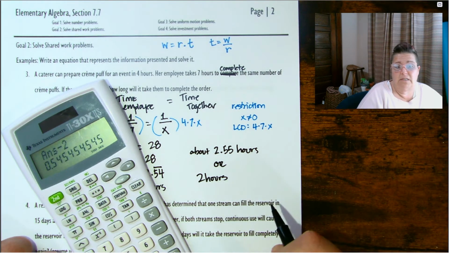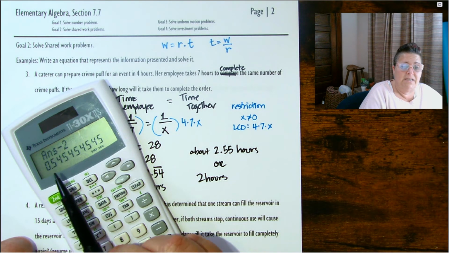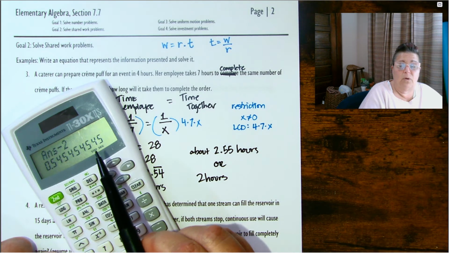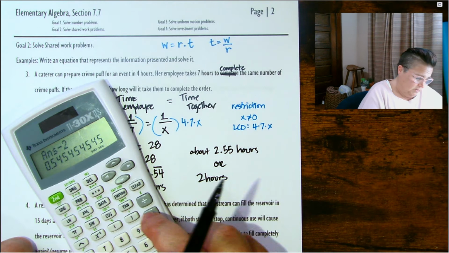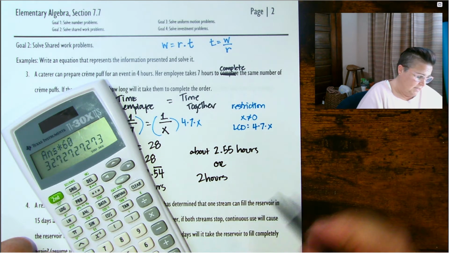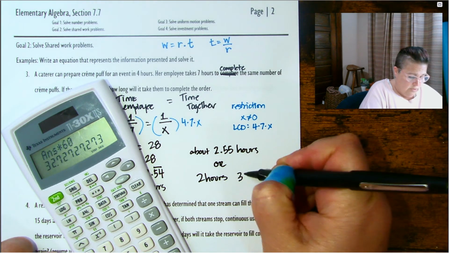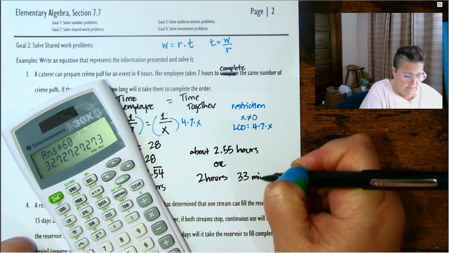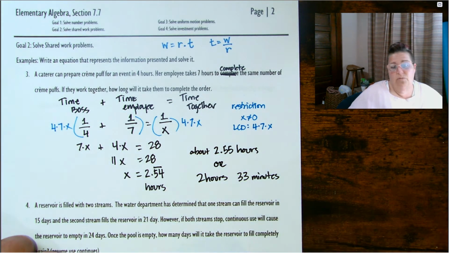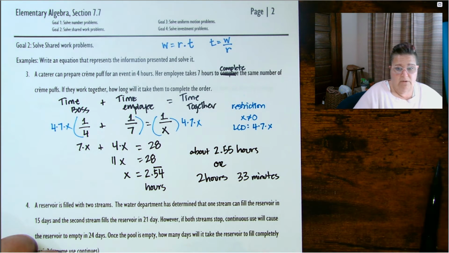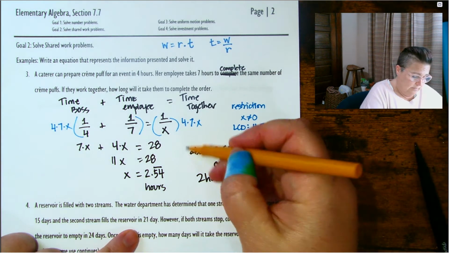We don't need those anymore, but we need to take our 545454 and multiply it by the number of minutes that are in an hour. So I'm going to multiply this by 60 to get 33 whole minutes. So it's about 2.55 hours or 2 hours and 33 minutes.